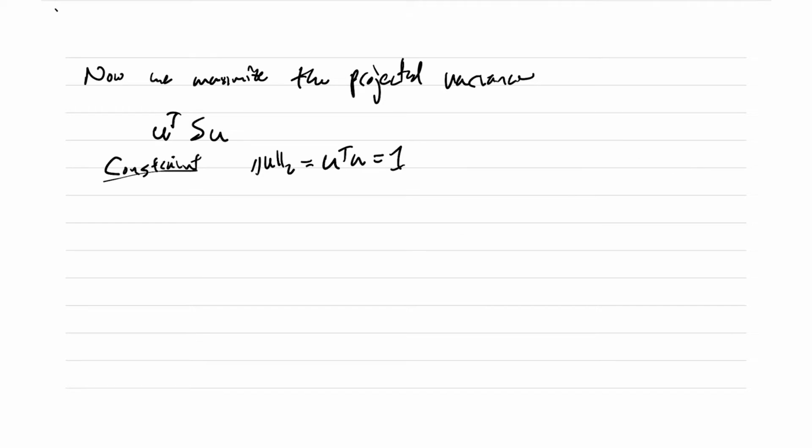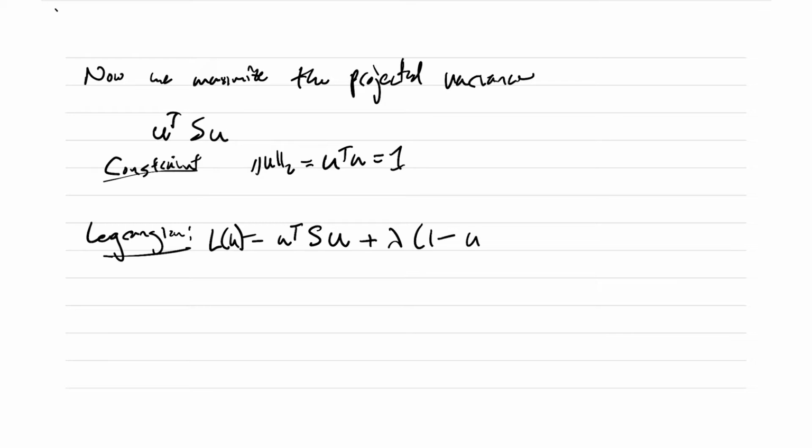So with this extra constraint, we can make a Lagrangian. We'll say L(u), plus some lambda times (1 minus u transpose u). All right, so this is an optimization theory trick to sneak in some equality constraints in an optimization problem.